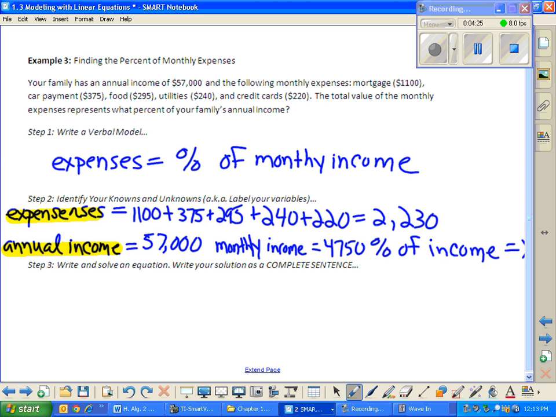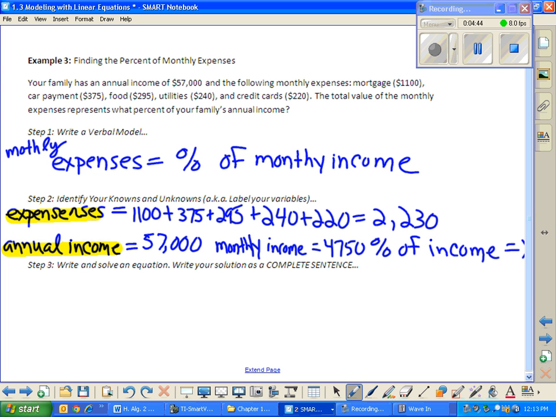So this is how I'm writing my verbal model. So my monthly expenses, no less, will be a percent of my monthly income. Hopefully it's not like more than 100%, because then, well, hey, my expenses are more than I make. And that's a recipe for disaster.